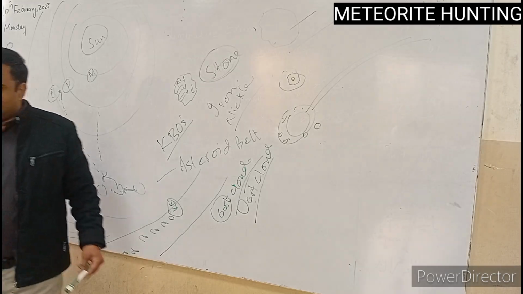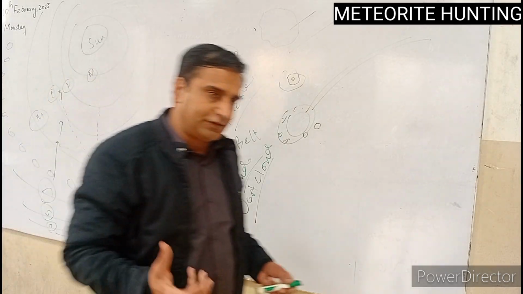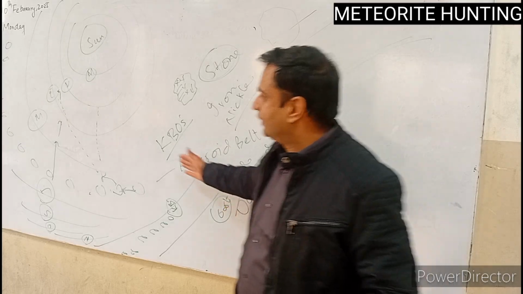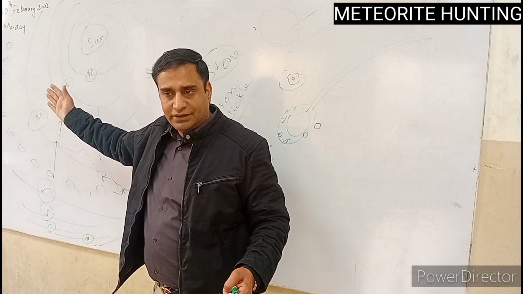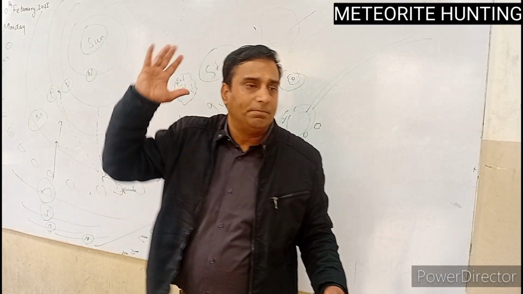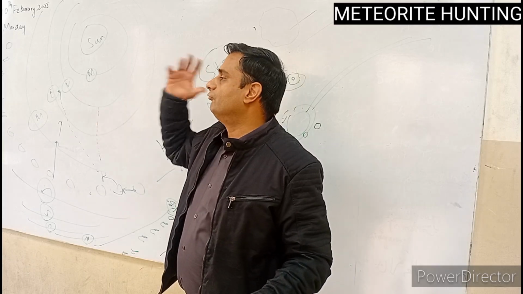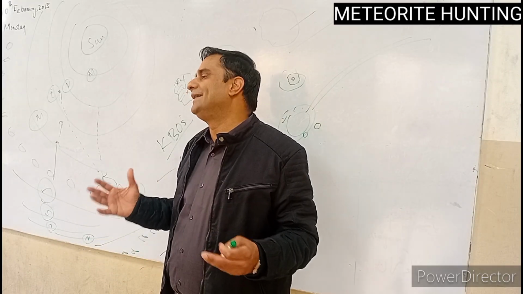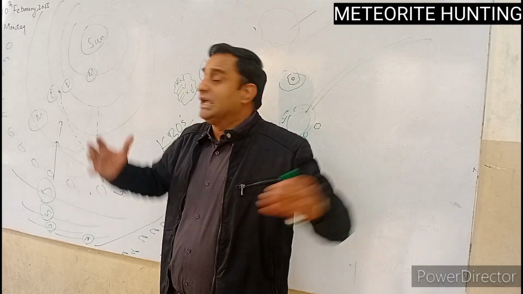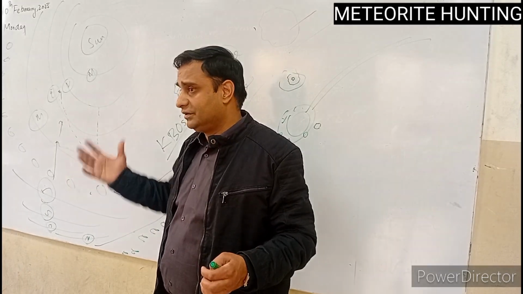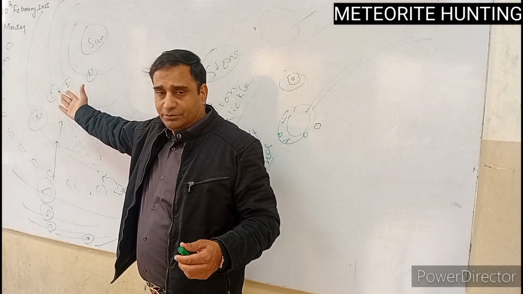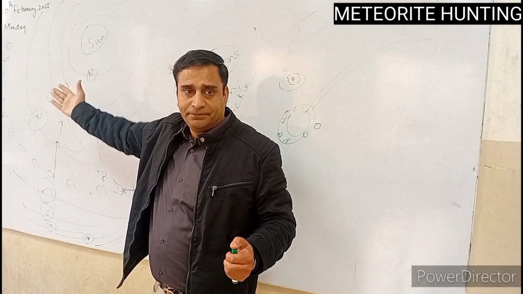Once the whole balance got disturbed, all of the Kuiper belt objects started coming towards the Earth, and it got bombarded with a lot of water. So it was by no means an accident. It was by all means a design, a divine design to bring life to Earth because Earth was very valuable.